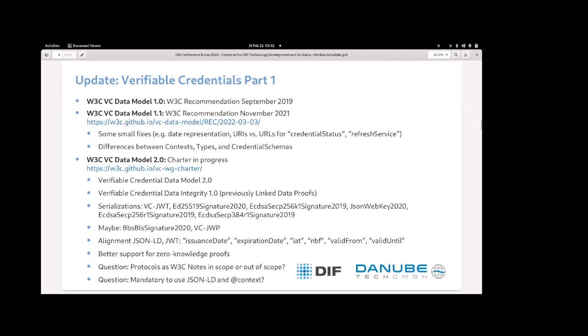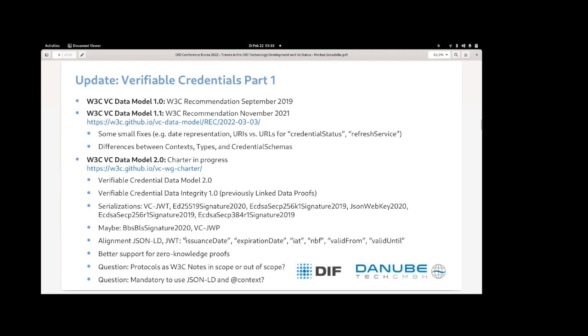There are some details, for example, around these properties here. When you include information in a verifiable credential of when it was issued, when it expires, when it becomes valid, and when it becomes invalid, there are some small nuanced differences between these data fields, and that has caused some implementation challenges in the community.